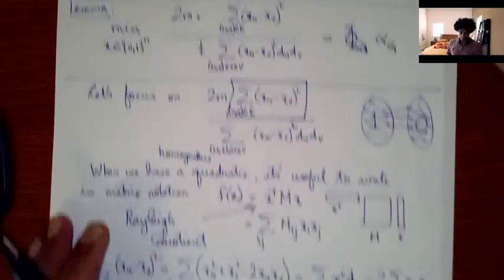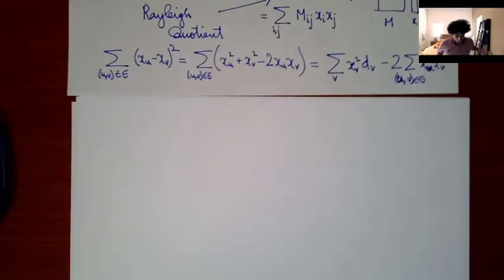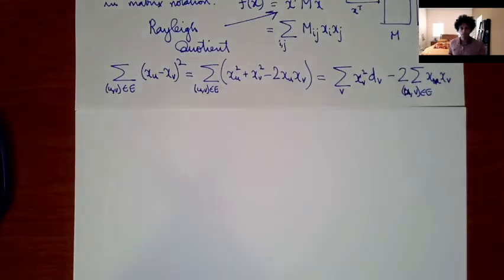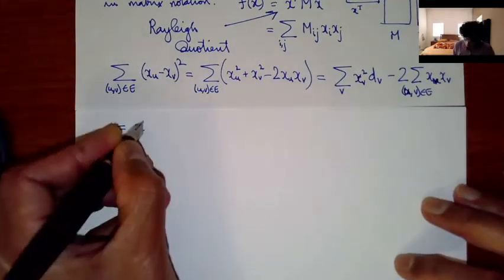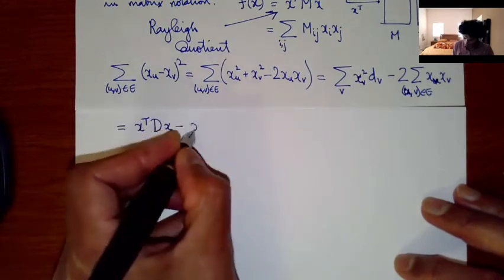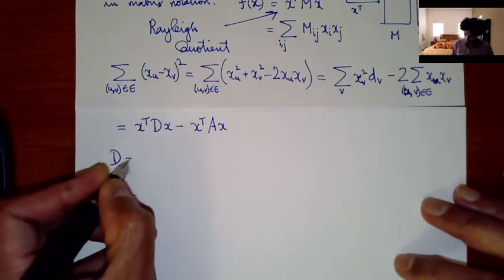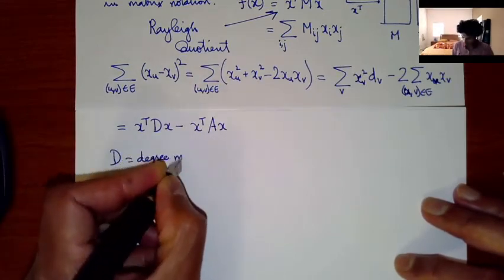Now this is really nice because we have a very nice matrix way of writing this. What we can write is x transpose Dx minus x transpose Ax. Okay, what is D? This is the degree matrix.